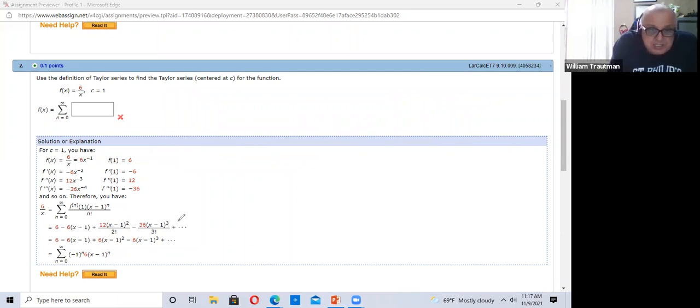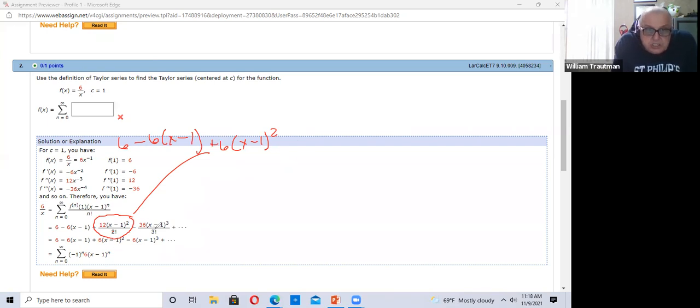Yes, this is a pattern, but there's more you can do if we just focus on this part right here. 2 factorial is 2. 12 divided by 2 is 6. And you see the first term was 6. The second term was minus 6 times x minus 1. Then this was the third term.